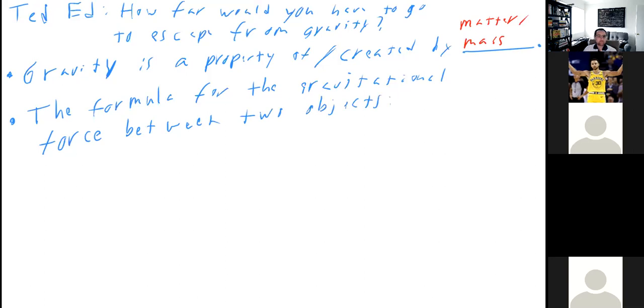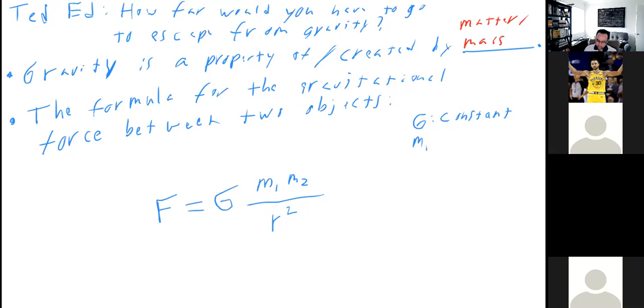The formula for the gravitational force between two objects is this one. F equals G m1 times m2 divided by r squared. Okay, so we have to remember a few things. G is a constant, so it never changes, right?